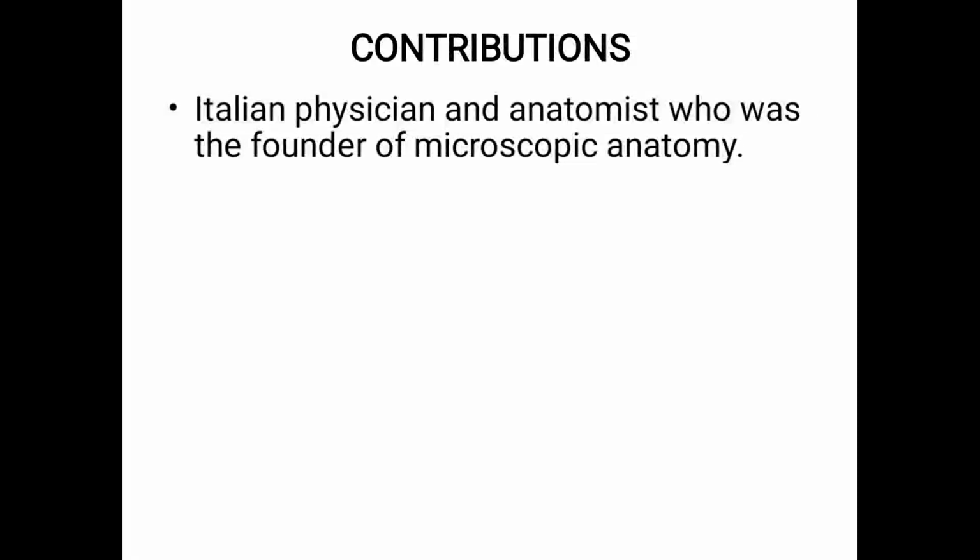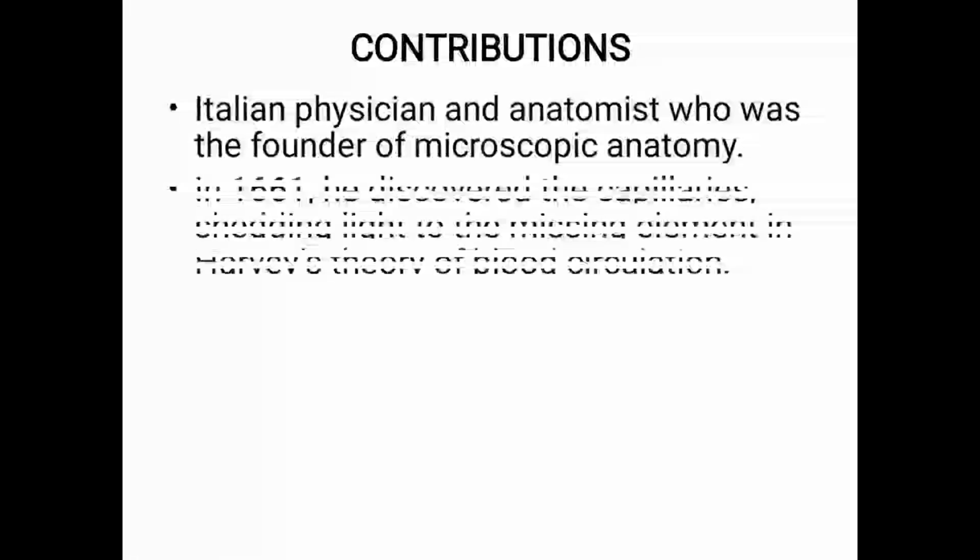When we say microscopic perspective, the earlier scientists gave us a bigger picture of our body, but Malpighi is the one who studied the closer look at the minute parts of our body.